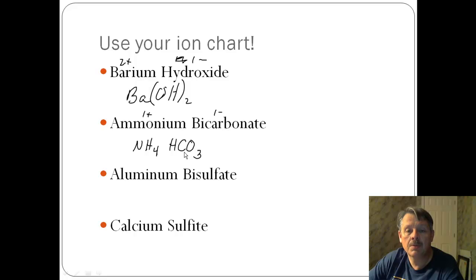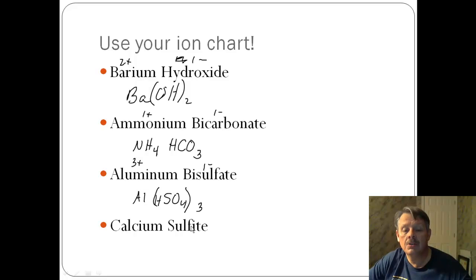Aluminum is Al, and sulfate is SO4, bisulfate is HSO4, and this has a 3+ charge, and this has a 1- charge, so I have to put parentheses around the bisulfate, and I need to have 3 of them. Again, you're still always dealing with just 2 things, folks.